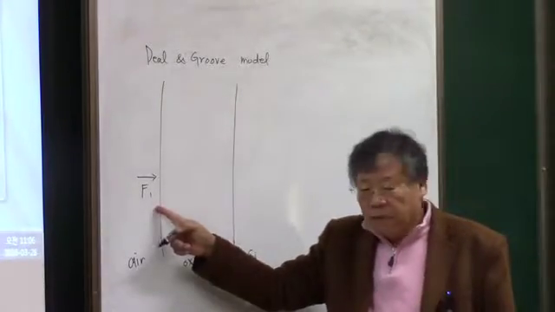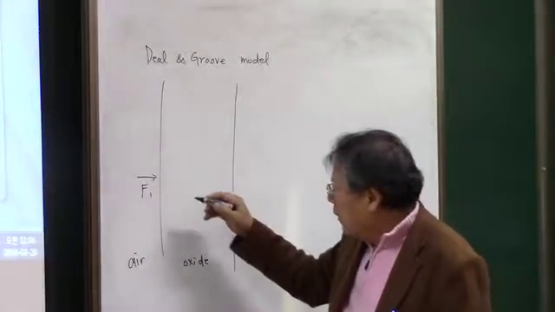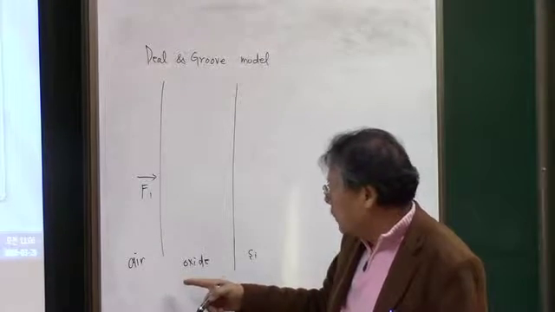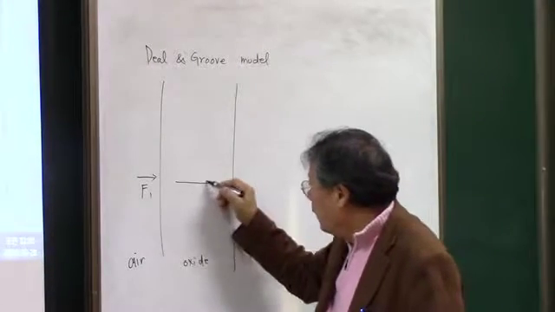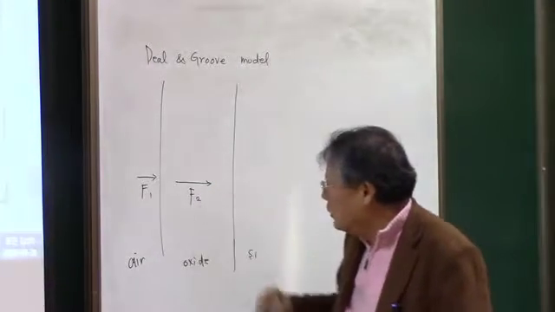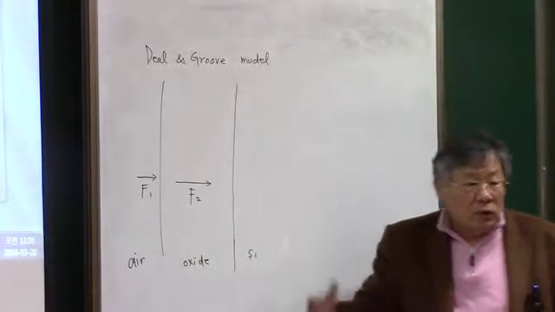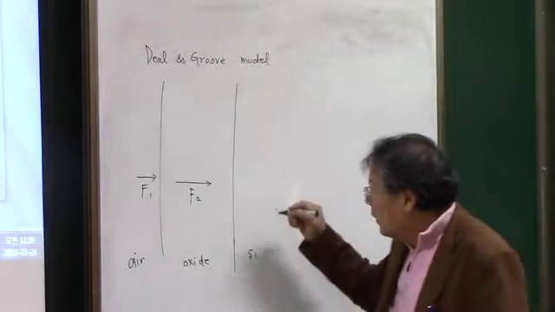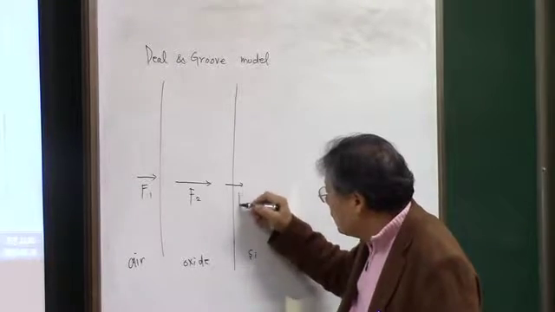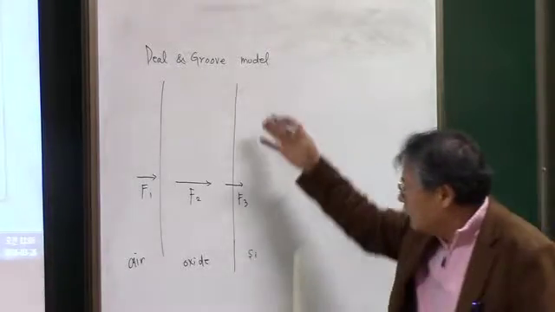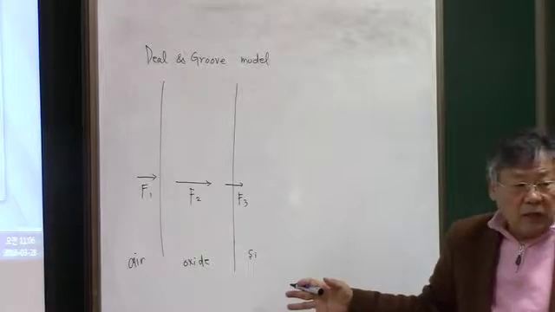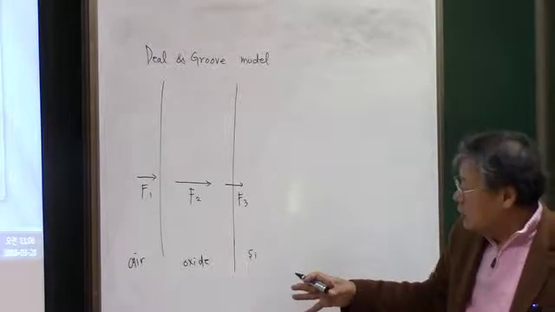There's a flux F1 in the air to the surface of the silicon oxide, and there is a flux F2 which is related to the diffusion of the oxidant, and there is a flux F3 which is related to the surface reaction of the oxidation.